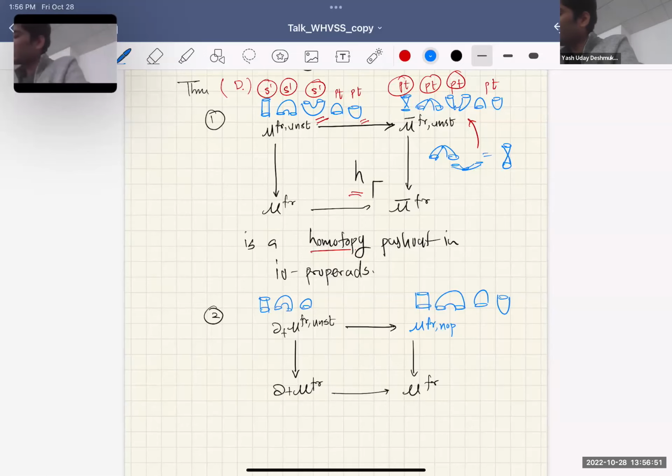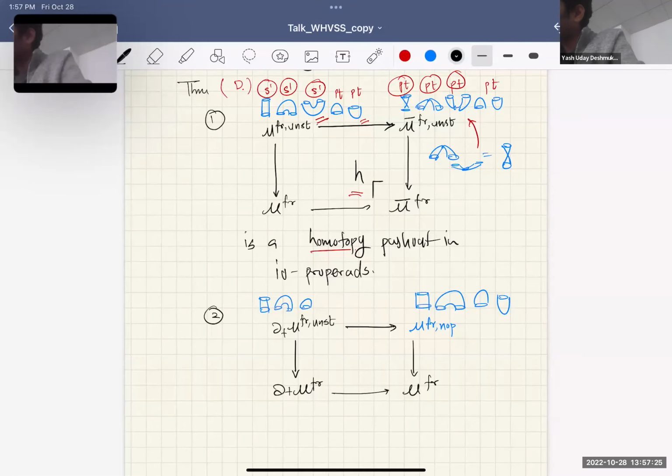The only difference between M-framed NOP, which is read as no pairing, and M-framed unstable is that M-framed NOP has no pairing. So it excludes the annulus with two inputs. But you will notice that M-framed NOP is already a subproperad, and this is the subproperad that we push out along. So you start with positive boundary M-framed, you have the subproperad of annuli and disk, and then you push out along this inclusion inside M-framed NOP.